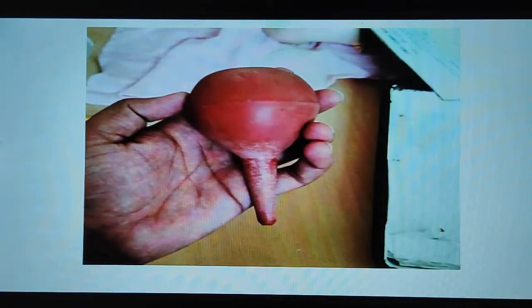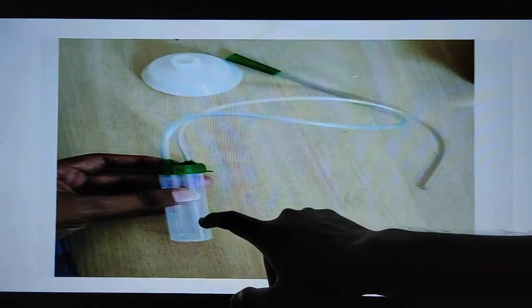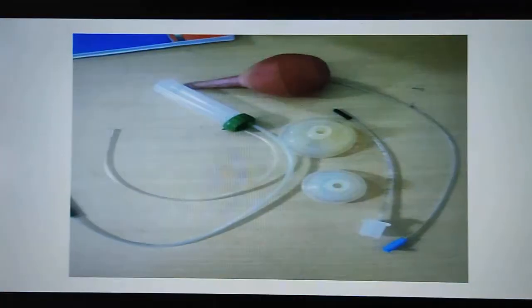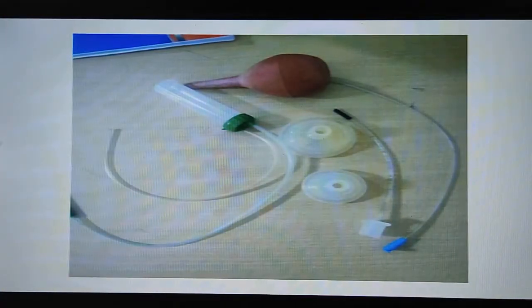This is bulb sucker, used to suck secretions from the mouth of a newborn baby. This is Dee Lee's mucus sucker or Dee Lee's oral mucus trap. Here you can see many instruments.